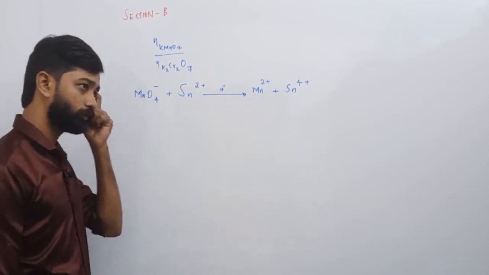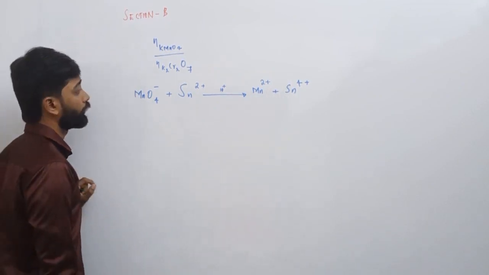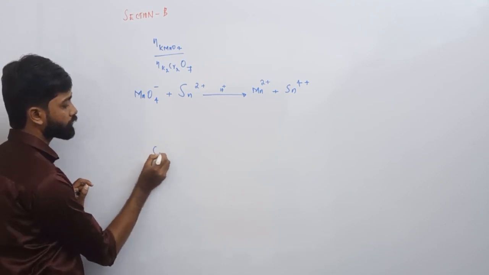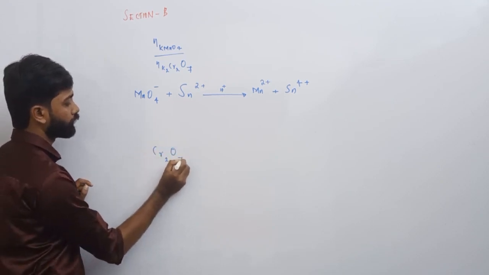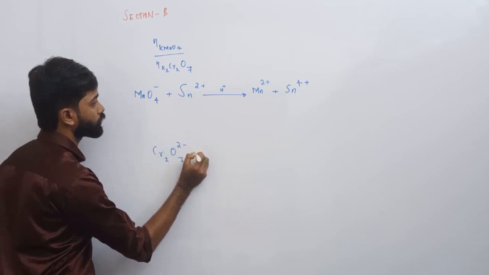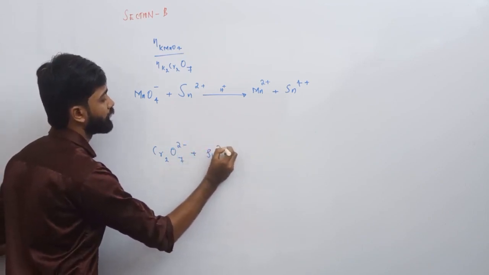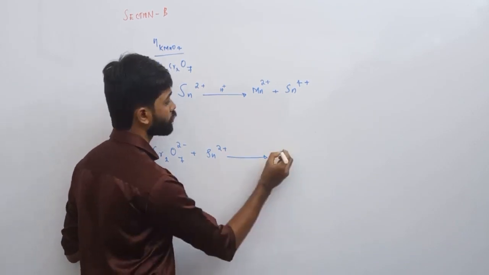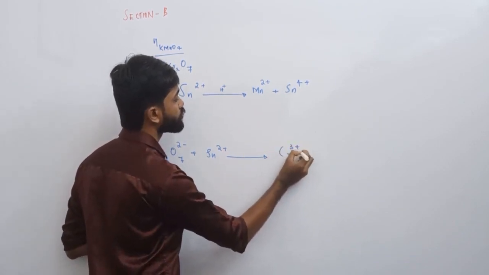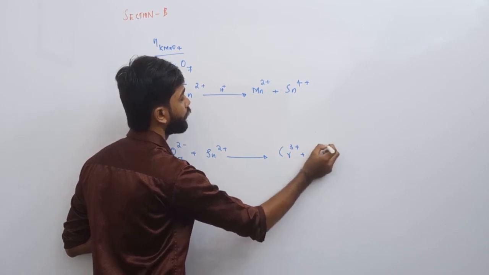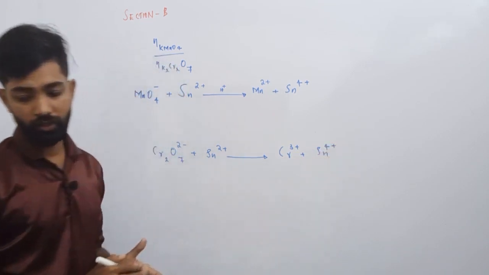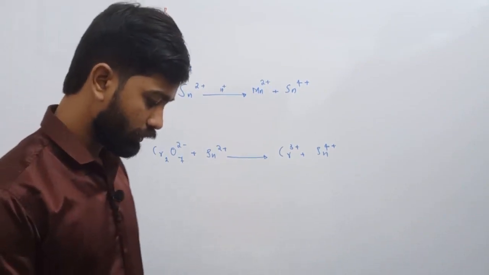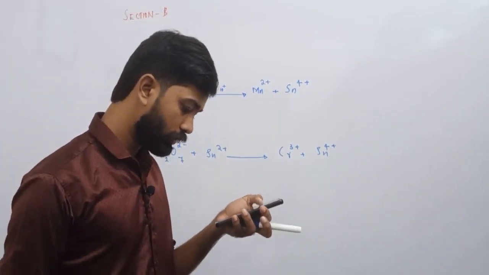The next reaction is for dichromate, Cr2O7 2-, which reacts with Sn2+, and the Cr2O7 2- itself is reduced to Cr3+, and Sn2+ goes to Sn4+. This is the basic skeleton reaction.